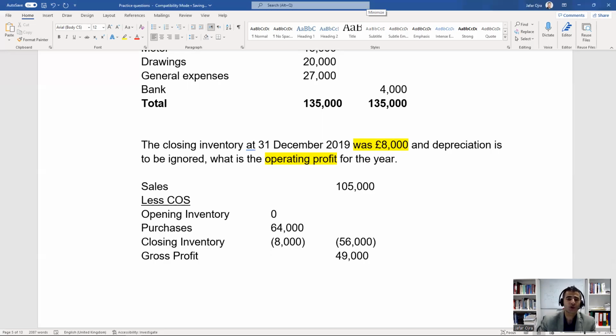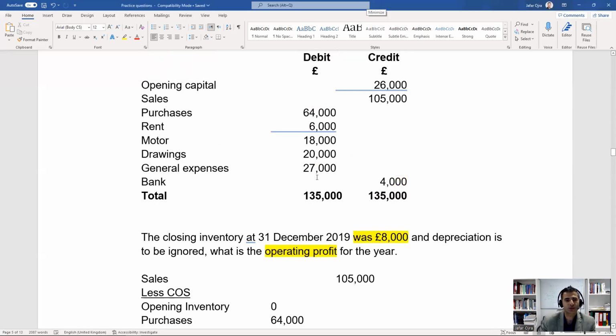But the question asks you to calculate the operating profit. Since the question asks for the operating profit, you need to take away the expenses. How much are the expenses here? We have rent, 6,000, and general expenses, 27,000.